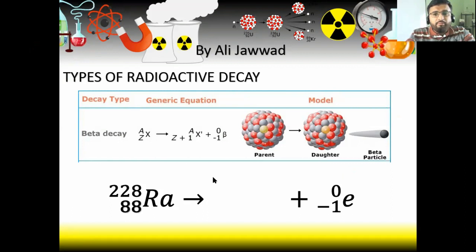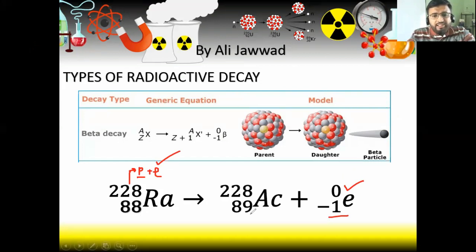So if a negative particle is being emitted, this is because a neutron has converted into a proton and an electron, and this electron is getting ejected out of the nucleus like this. So what we are left with is an extra proton, and that is why after beta decay the atomic number of the element increases.